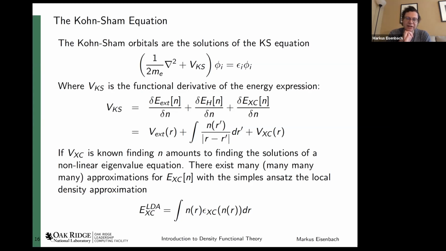So you write the exchange correlation energy as an integral over the charge density and an exchange correlation energy density, which only depends on the instantaneous point value of the charge density, and that in the LDA is taken to be the exchange correlation energy density of the uniform homogeneous electron gas.